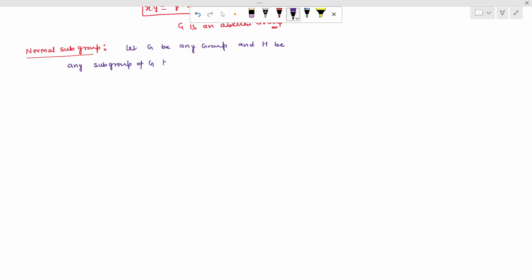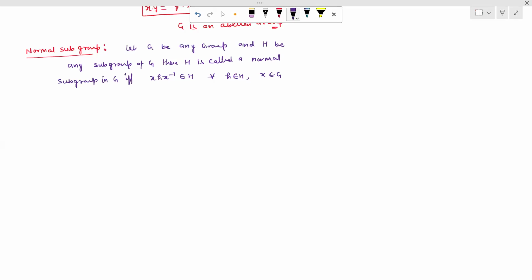Then H is called a normal subgroup in G if and only if x h x inverse belongs to H, for every h belonging to H and x belonging to G. So x is an element of G.